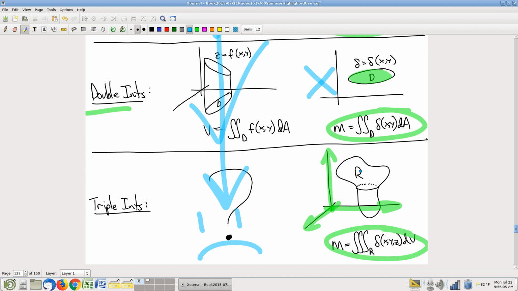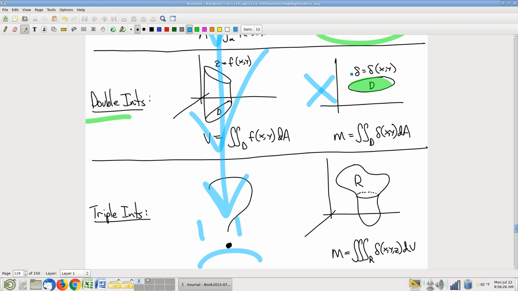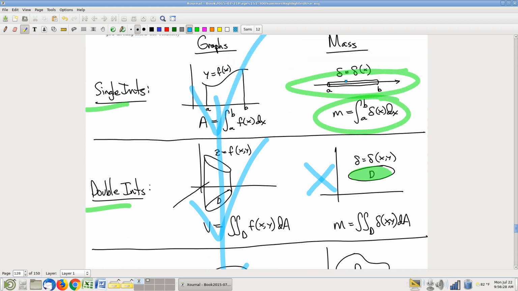All right, so that's my little speech on that. Let's go to actually writing down triple integrals now. This is what it sort of looks like, very broadly, but let's write down some details. Remember the big pattern here. The pattern, though, is that each one of these things, this one-dimensional rod, you chop it up into little pieces, and then you add up the resulting masses.